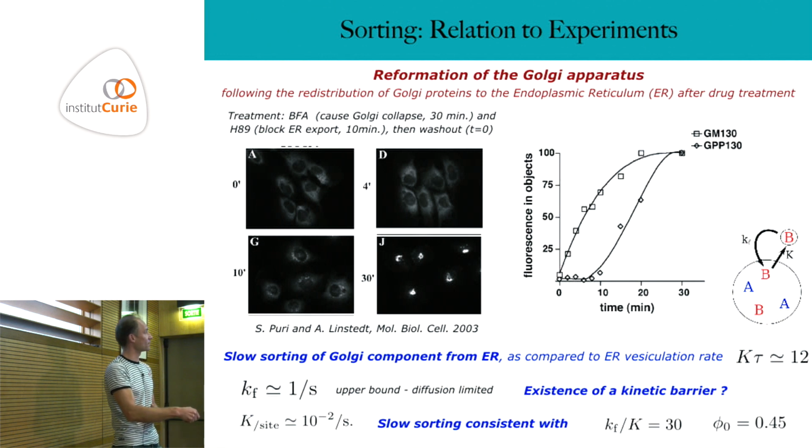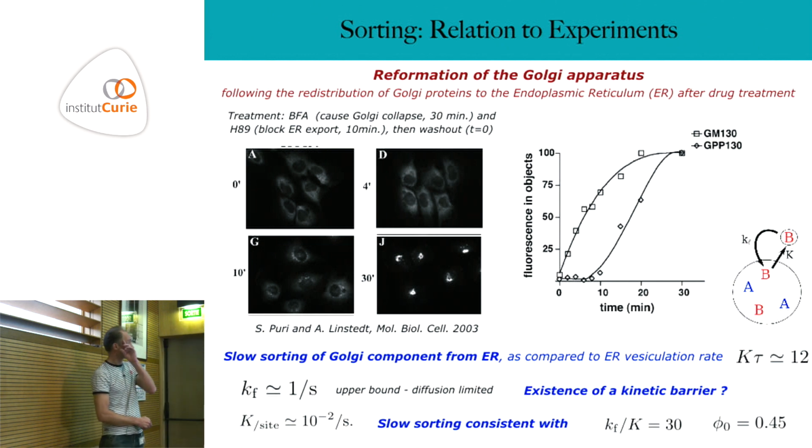And this is consistent with the expected values that we have for the fusion rate, which here is diffusion limited. So two vesicles fuse when they meet by diffusion. And by trying to find estimates for these parameters, we end up with the prediction from our theory that the fusion to budding rate should be of the order 30, which fits with these parameters.